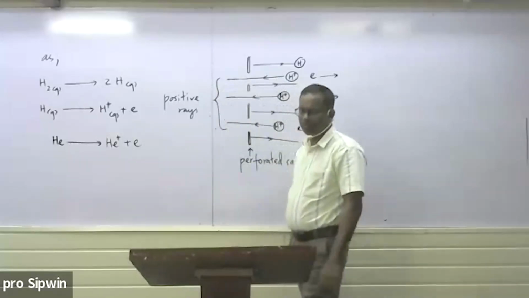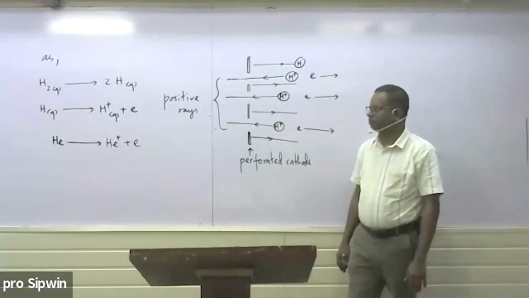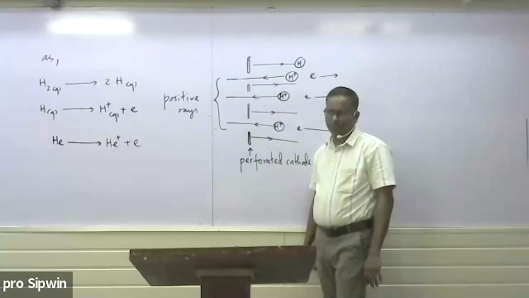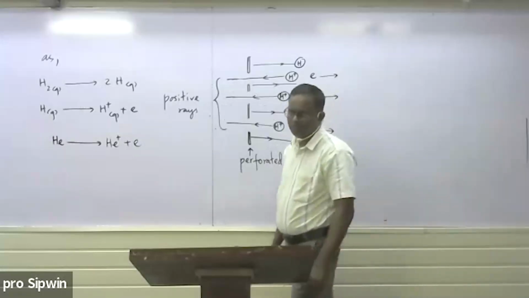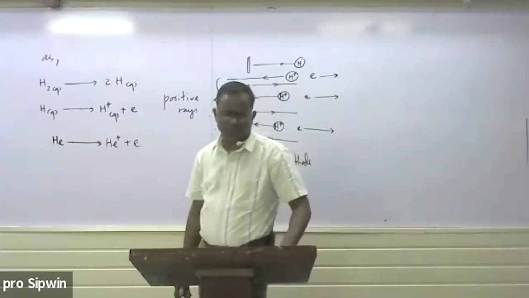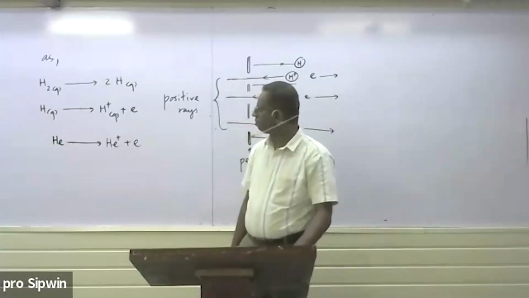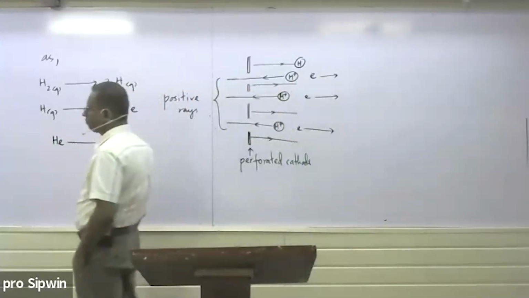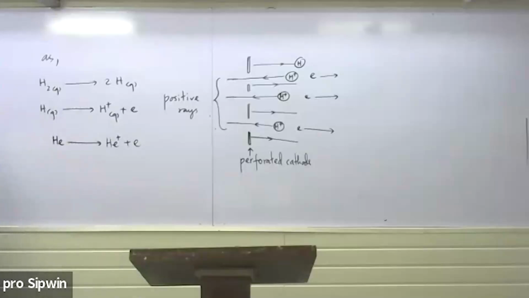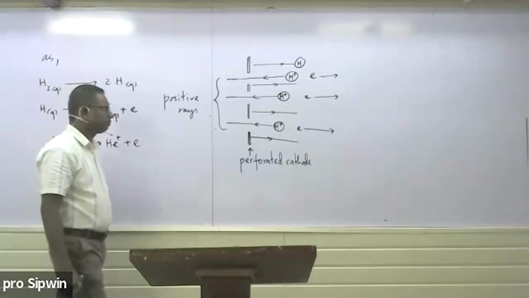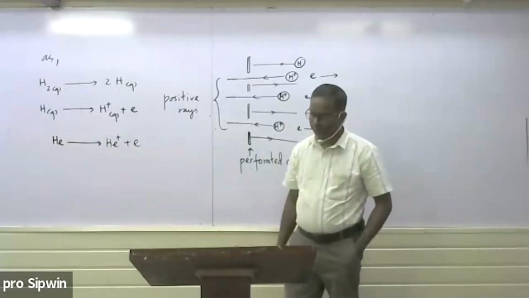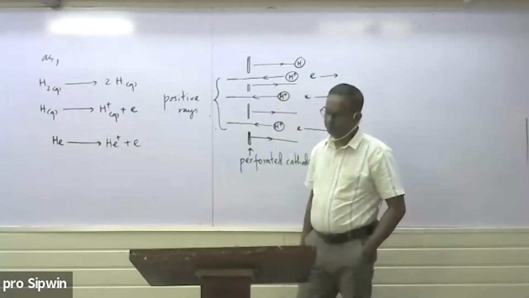Close bracket. They pass through the holes of the cathode and are known as the positive rays.